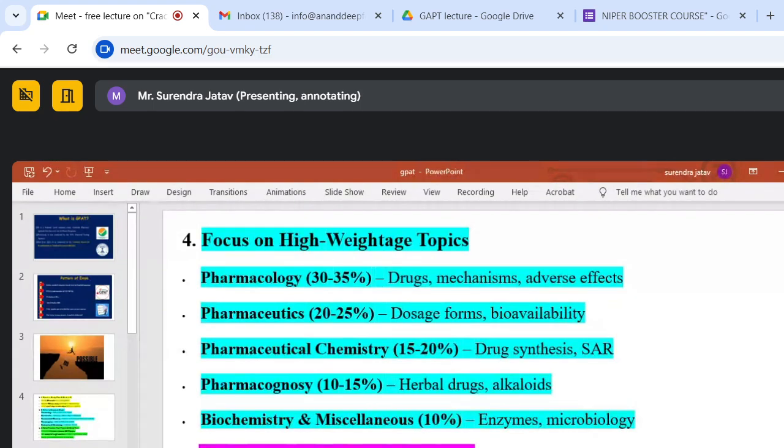Now we have to understand what the weightage subjects are. If I select 100 questions, about 30 questions will come from pharmacology, 20 from pharmaceutics, 15 from medicinal chemistry, and 10 from pharmacognosy. So the majority of the 100 questions cover these areas.